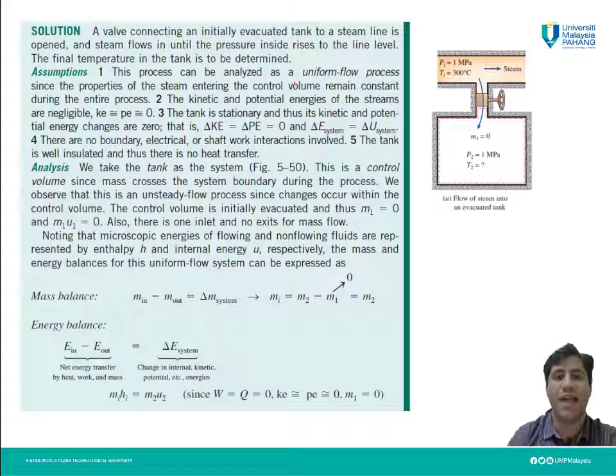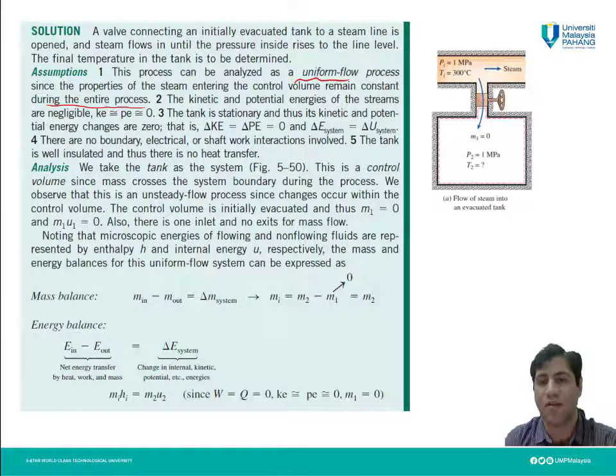So, with common sense, we can guess that we have an unsteady flow process. But we can analyze this process as a uniform flow process. Why? Because properties of steam entering the control volume remain constant during the entire process. In other words, if we select this dashed line as our control volume, steam is going to the tank through this valve.